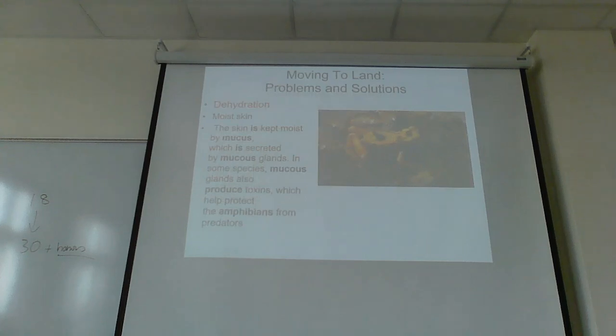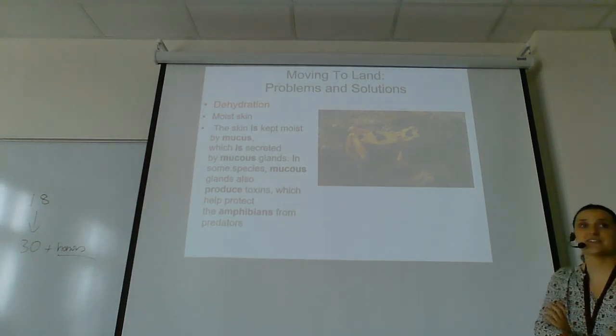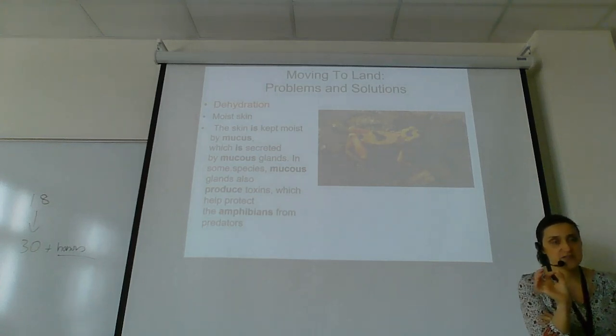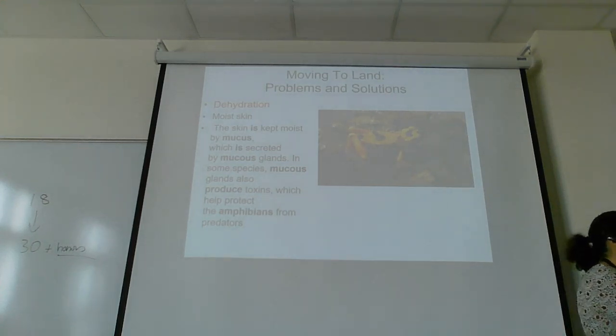And another problem also is dehydration. As we will see, other groups have evolved very tough, very waterproof skin that avoids dehydration. But this group has a very thin skin, and in fact, they even breathe mostly through skin.